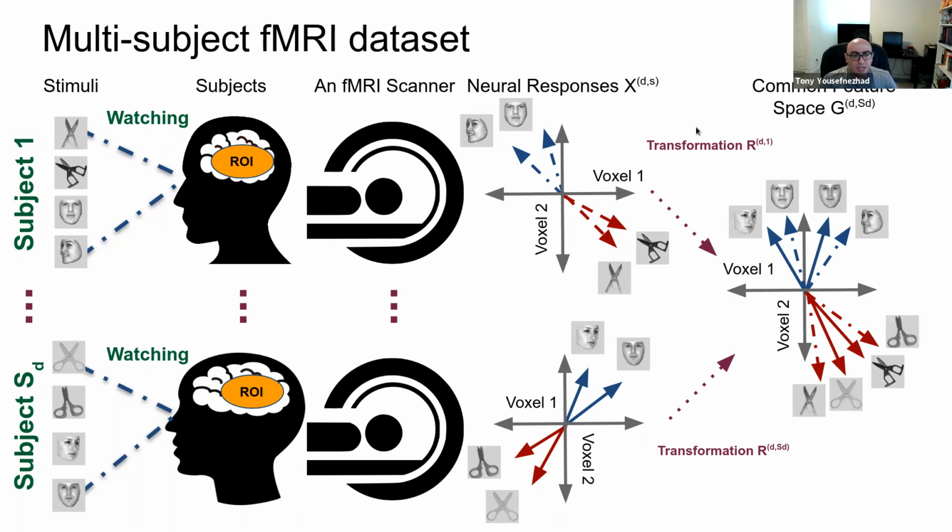So the idea here is that we make a rotation between subjects to achieve something called a common feature space. These common features are noisy rotations of the original subject space. We have some transformation, which is mathematically exactly a rotation, and these transformations map all of the neural activity to a shared space.